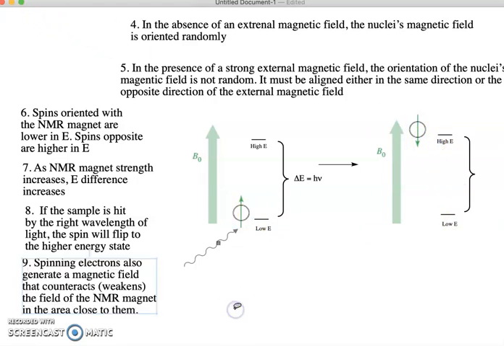So the thing that makes the NMR really useful in analyzing our samples is this next thing. Spinning electrons also generate a magnetic field. And this magnetic field is opposite of the magnetic field of our NMR. So it weakens the field of the NMR magnet in the area close to those electrons.